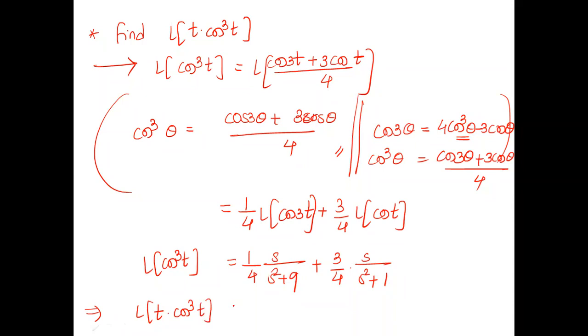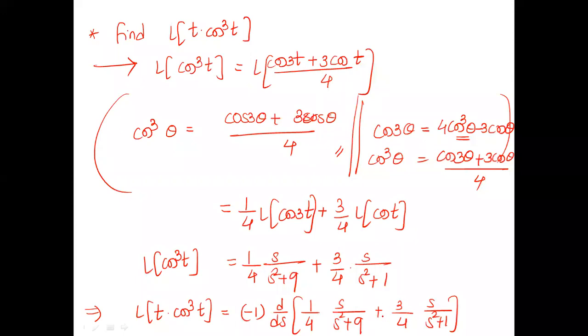And if you multiply by t to this side, so on this side, what should we write? Minus 1 d by ds of this term, 1 by 4 s upon s square plus 9 plus 3 by 4 s upon s square plus 1. So can we just separate the derivatives?